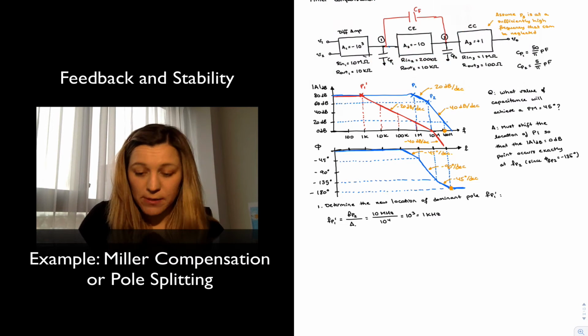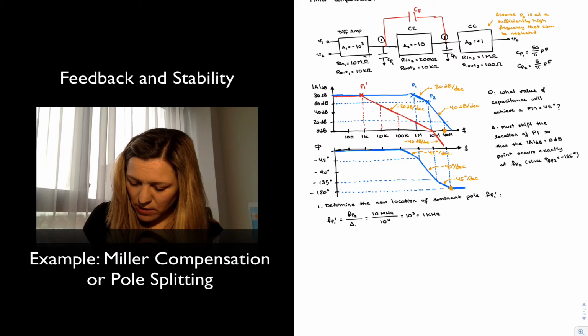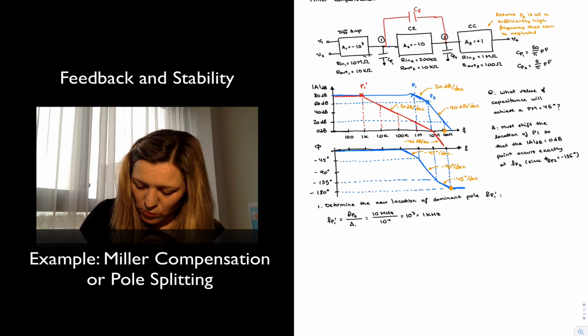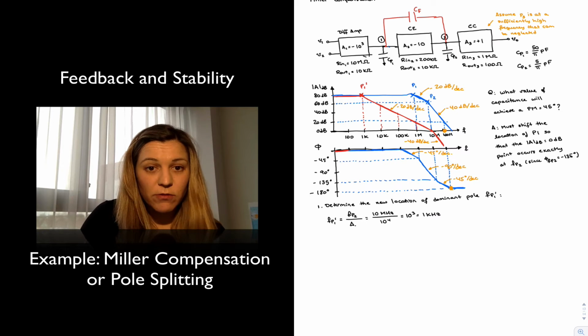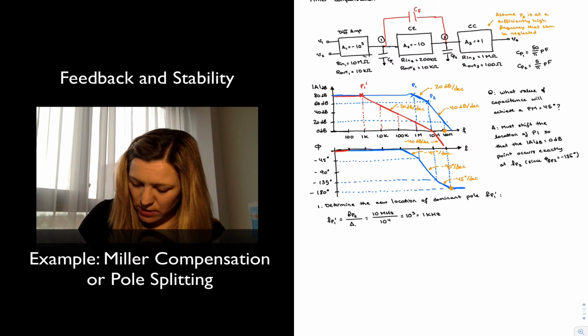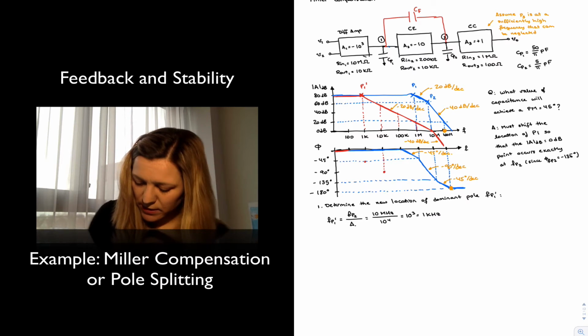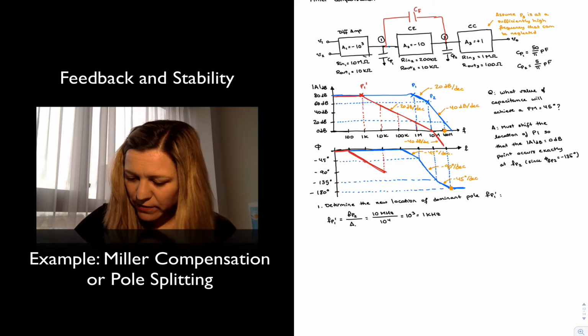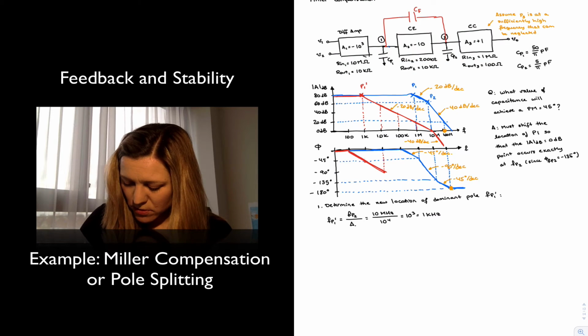And with my phase, something similar happens. Up until 1/10 of the new location of P1, I'm going to have approximately 0 phase shift. And then at exactly the location of P1, I'm going to be sitting at minus 45 degrees. At 10 times that frequency, I'll be sitting at negative 90, where my phase is going to roll off at a rate of negative 45 degrees per decade.